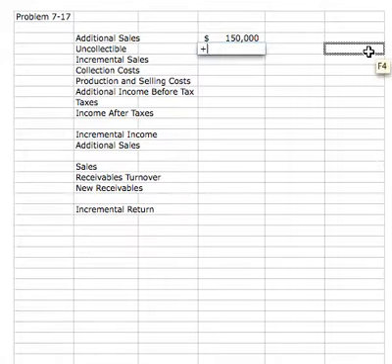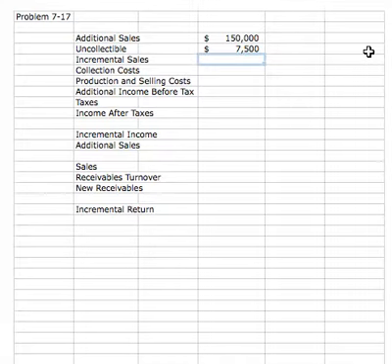So of this number here, 0.05 will prove to be uncollectible. That means our incremental sales will be 142.5. So of the 150, we're actually going to collect $142,500.